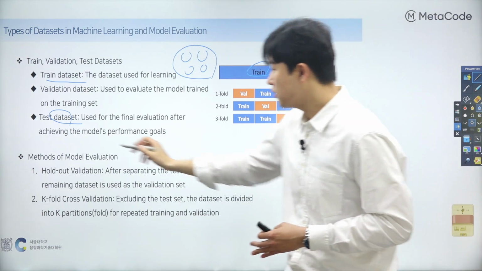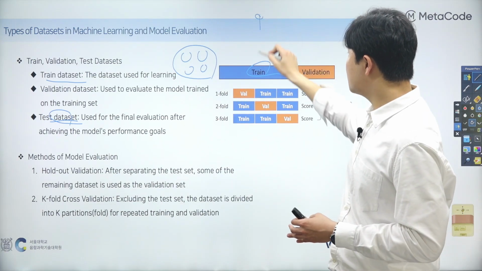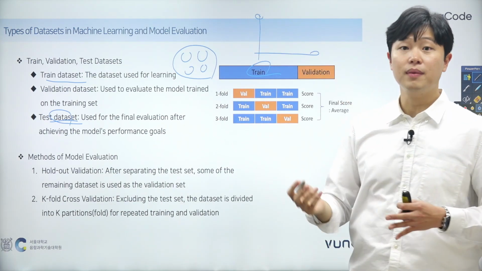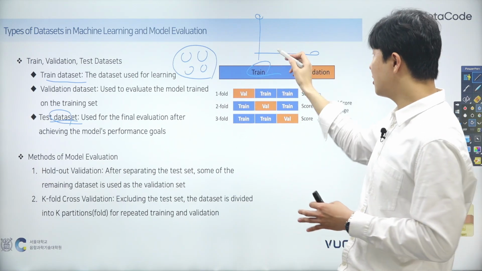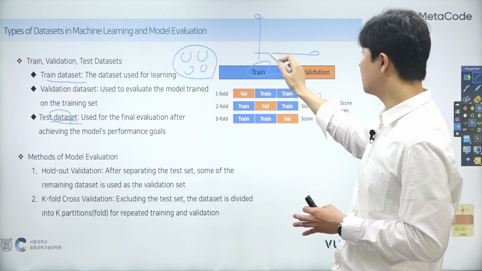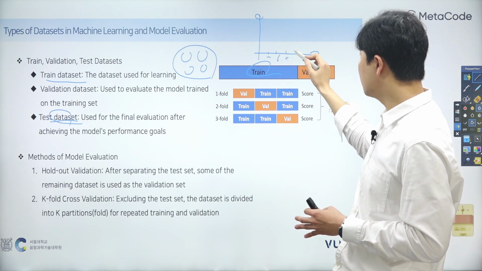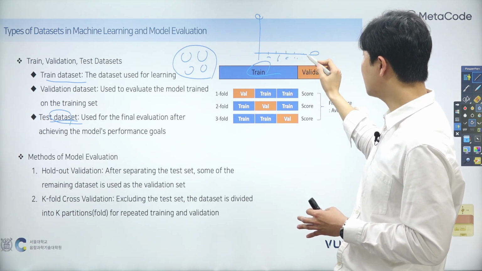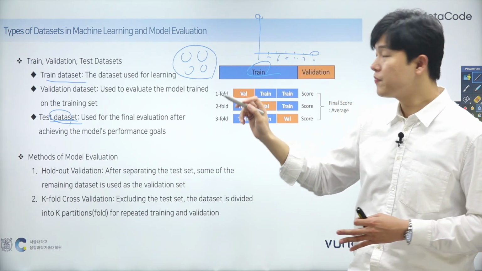Based on how well you perform on the practice test, you can gauge your potential performance on the final test. However, since the scores from the practice test are not final, serving primarily to assess a student's current standing, they are similar to a validation set, which provides ongoing evaluations throughout the preparation period before the actual test.